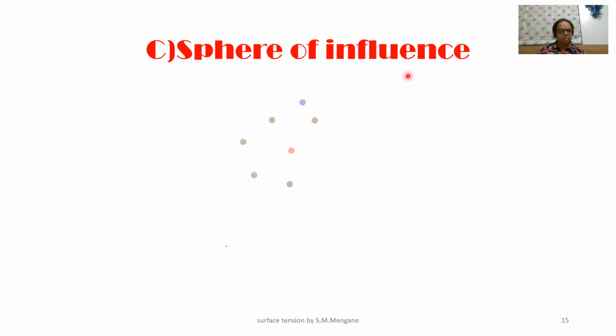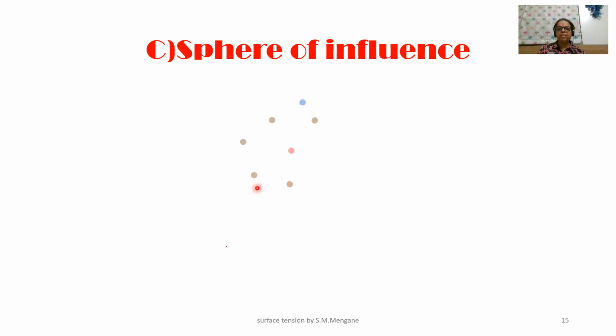Sphere of influence. To study sphere of influence, again remember one thing, that is electric field in electrostatics. In an electric field, what happens? If we place a charge at any point, then an electric field is produced in the surrounding region.